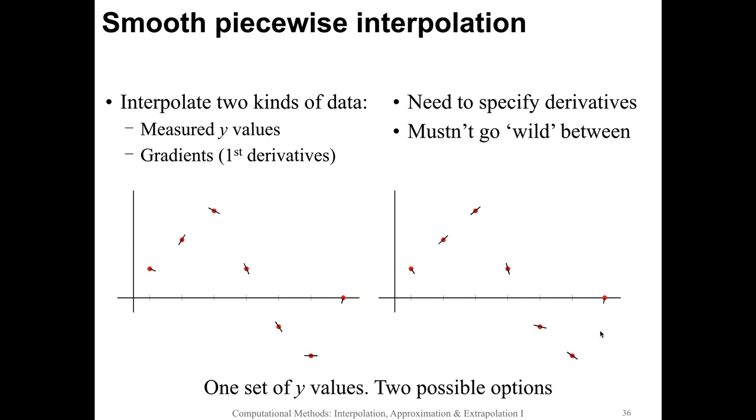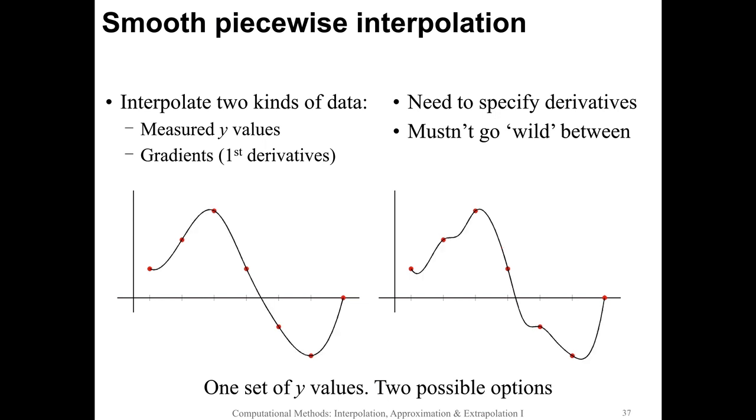So we're trying to imagine a trace of a line that passes through both of these. Like I say, we need to measure y values, but we also need to assign derivatives as well, and we'd like our function to go through them. So we need to specify derivatives, and hopefully our derivatives shouldn't be too wild in between.